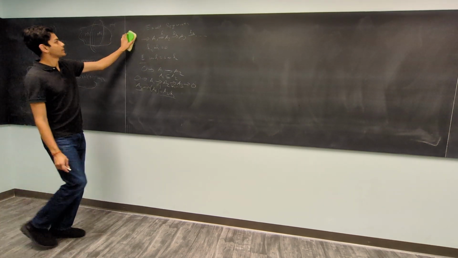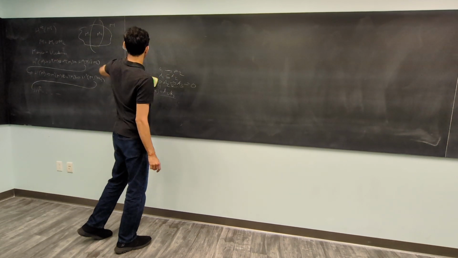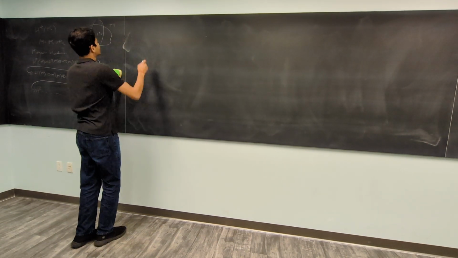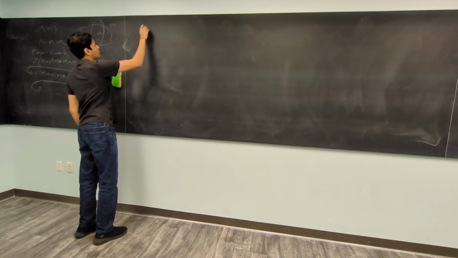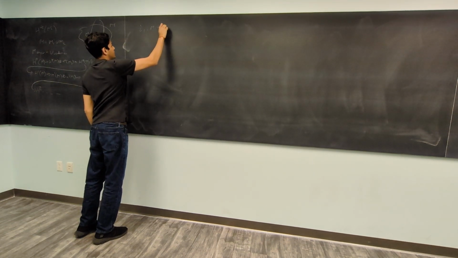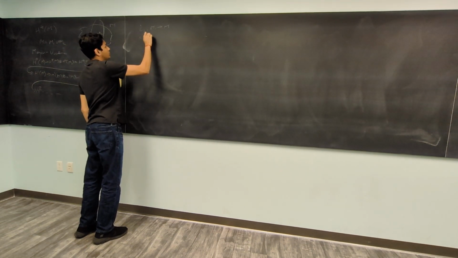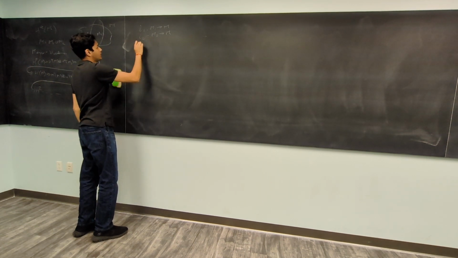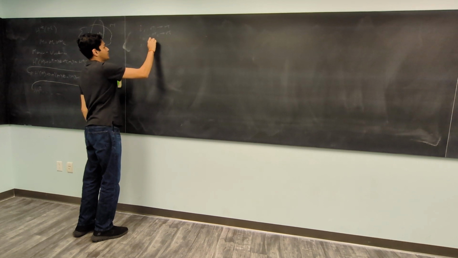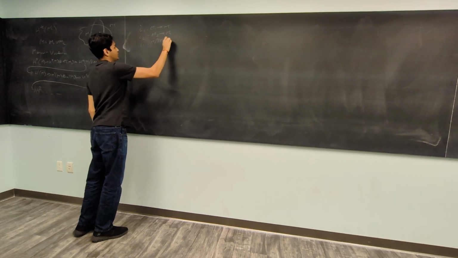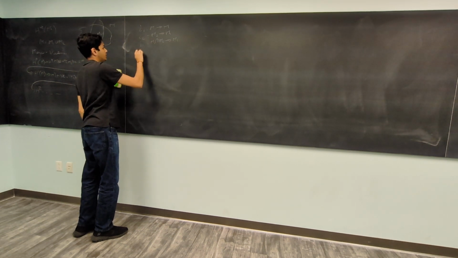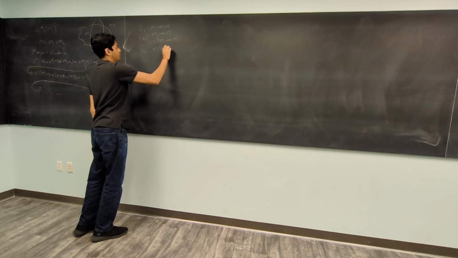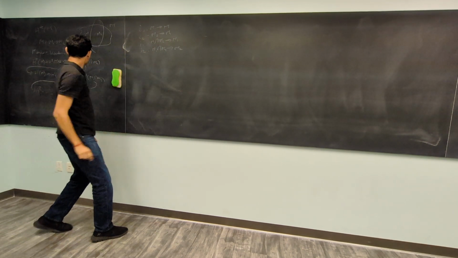So what happens is you have some inclusions. So you have I1 from M1 to M, I2 from M2 to M, and then you have J1 from M1 intersection M2 to M1, and J2 from M1 intersection M2 to M2.